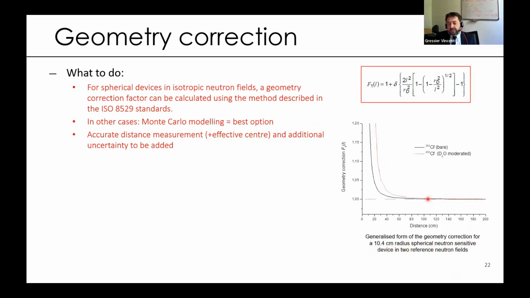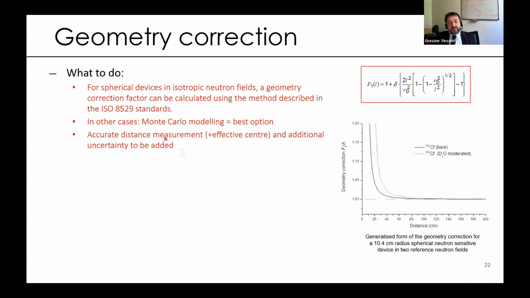You see that at distances lower than 50 centimeters, there is an increase of the correction to be applied to the reading that can reach about 10% at 20 centimeters, for example. If you have a moderated californium, it's even higher because of the size of the source itself.